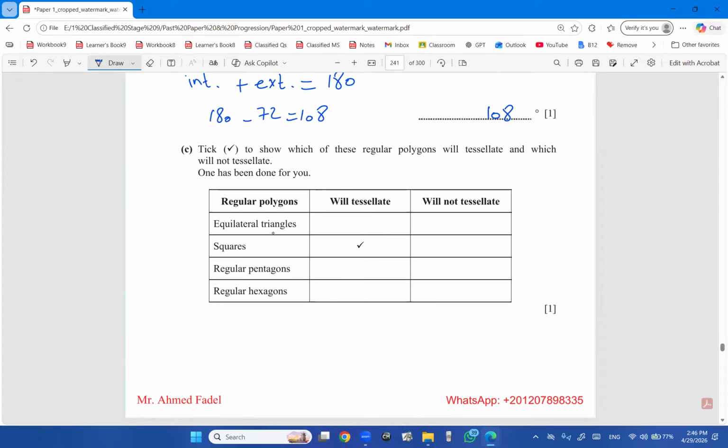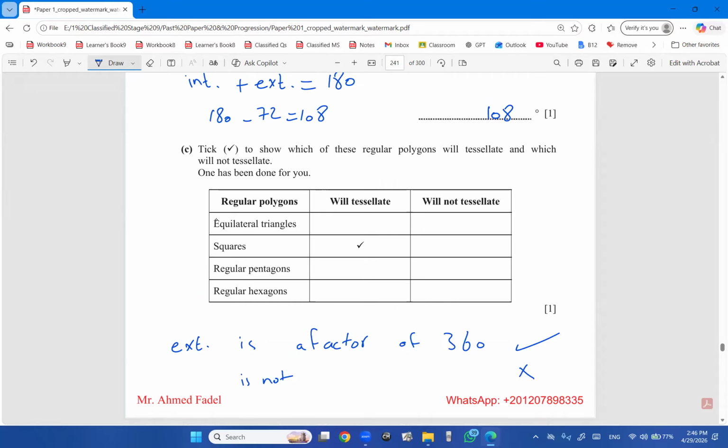In order to find if a shape tessellates or not, check the exterior angle. If the exterior is a factor of 360, then it tessellates. If the exterior is not a factor of 360, then it doesn't tessellate.